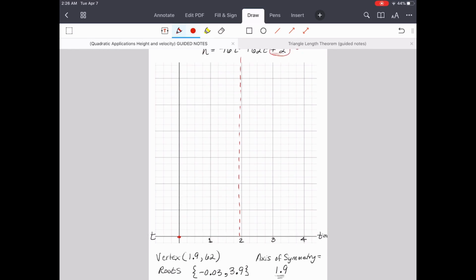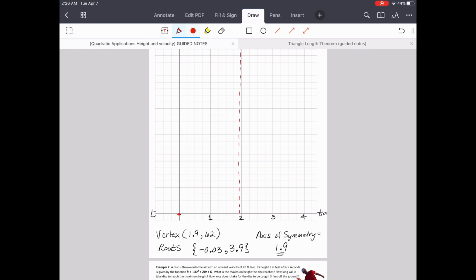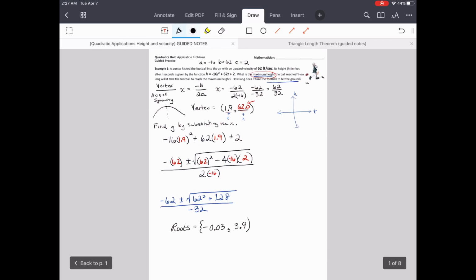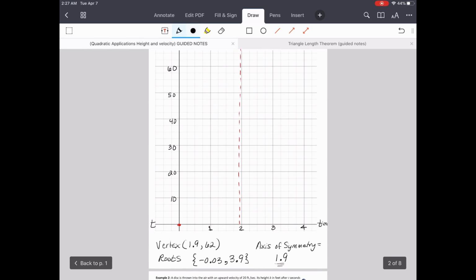And our vertex is 1.962, and so if I want to mess with the intervals here on the y-axis, which is really the h-axis, let's go by tens here. So I'll make that 10. This will go to 20, 30, 40, 50, and 60. All right, so those worked out nicely.